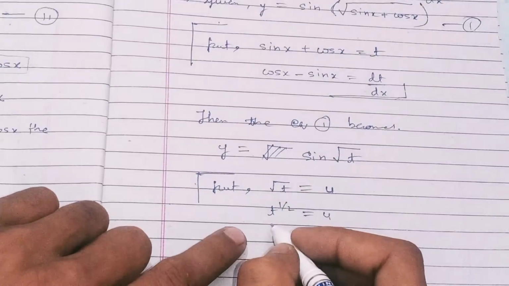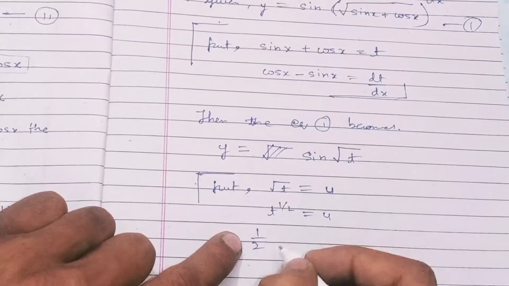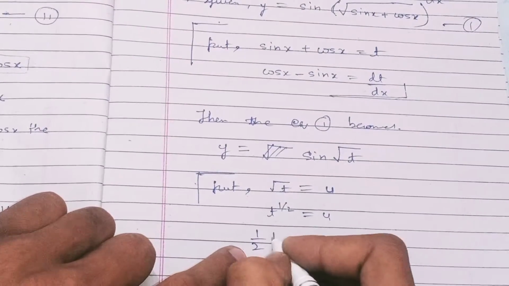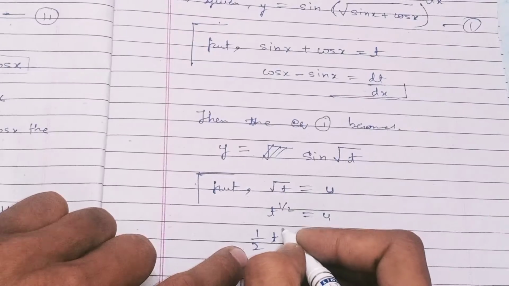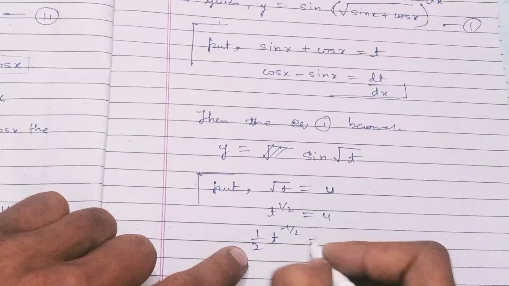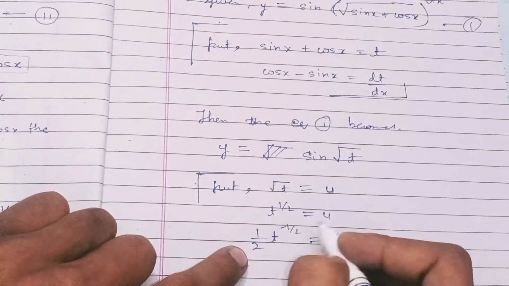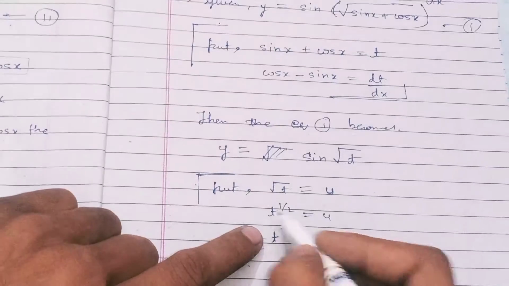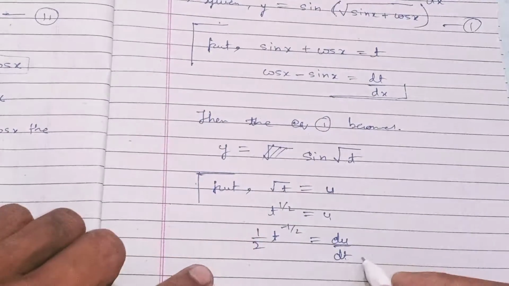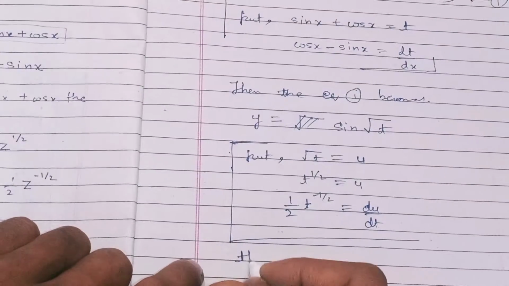Now before solving this, we will first differentiate it, and if we try to differentiate it, we will get 1 by 2 t power minus 1 by 2, and on this side we will get du upon dt, just because here t is the variable. So du by dt we have.